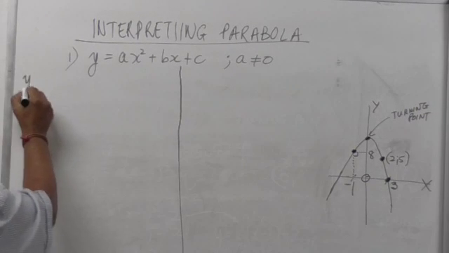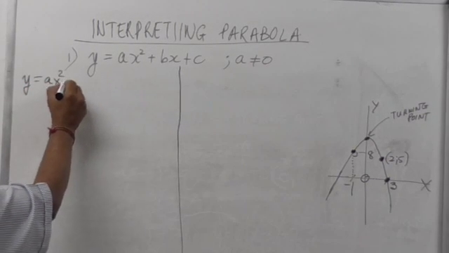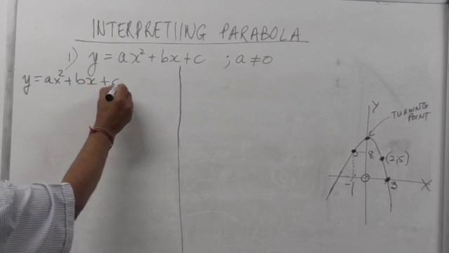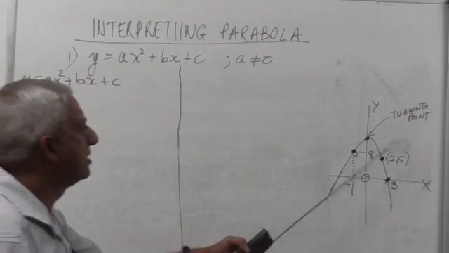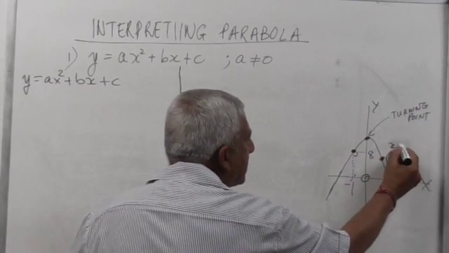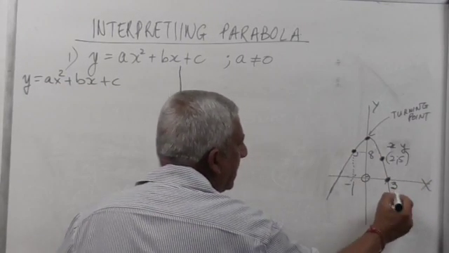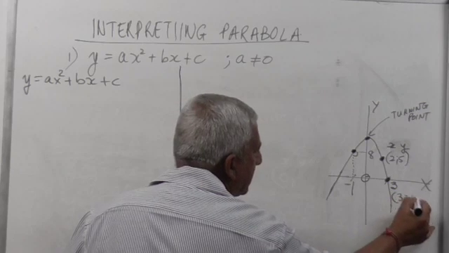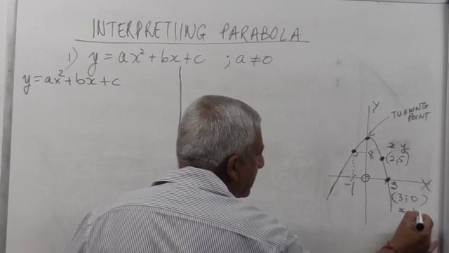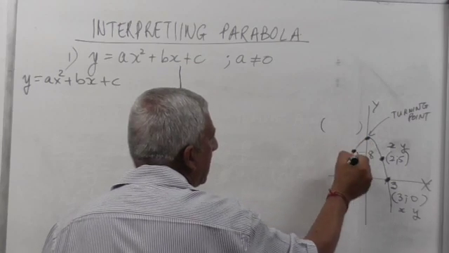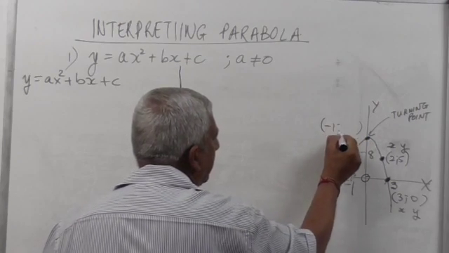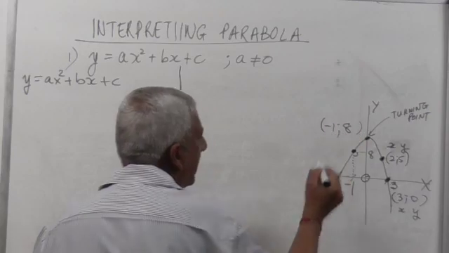So we are saying that y is equal to ax squared plus bx plus c. Now, if we go back, this is x, this is y. If you take here 3, 0, this is x, that is y. If you take this one, x is minus 1, y is 8.